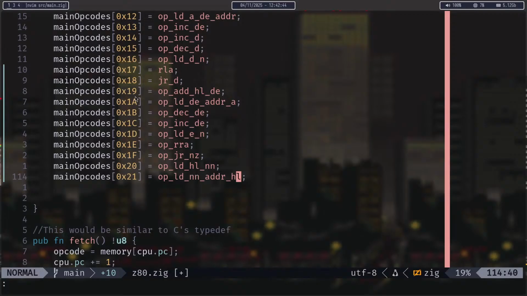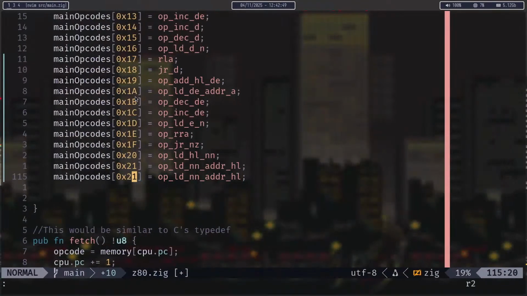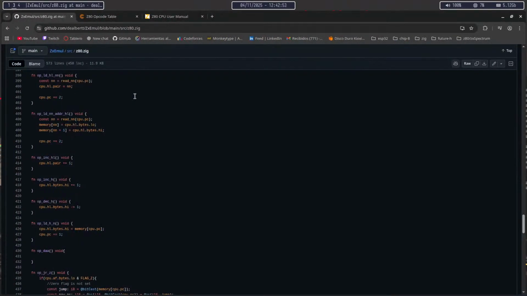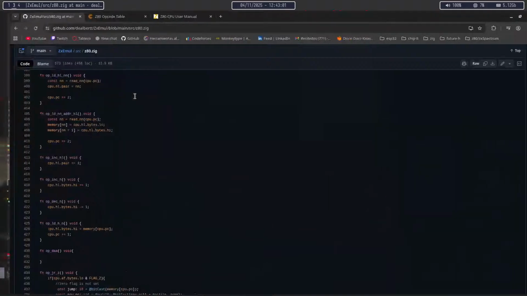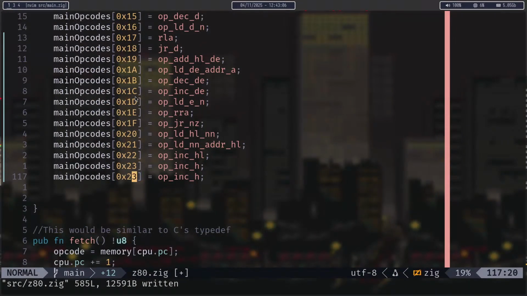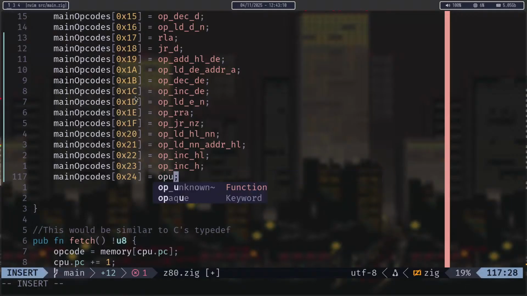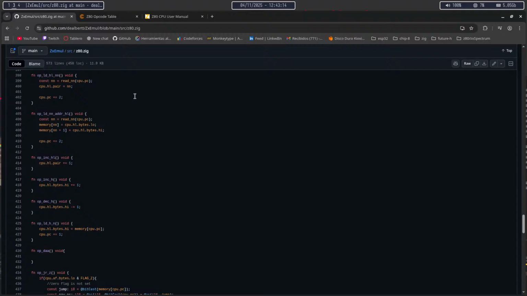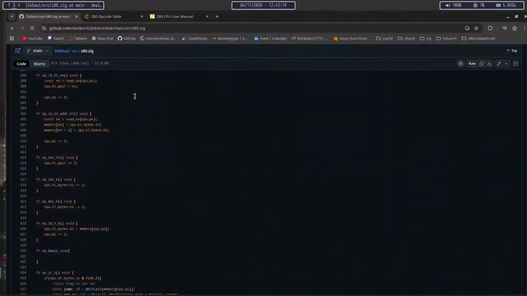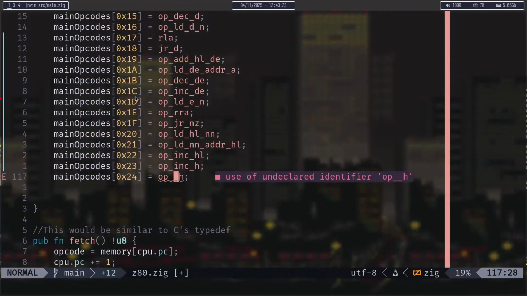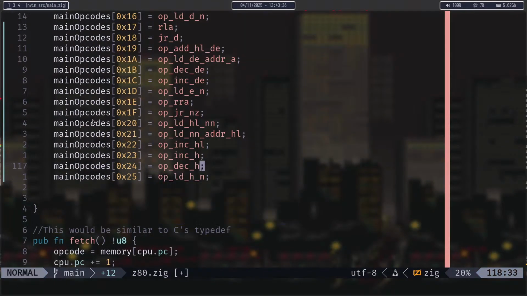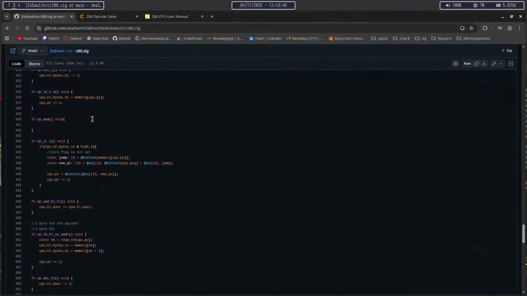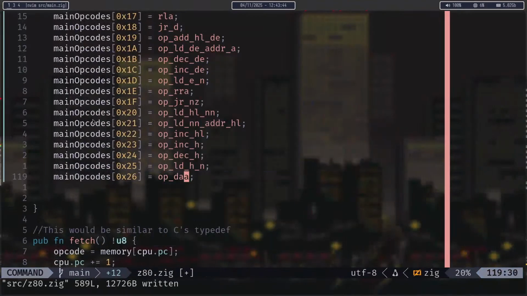Inc HL. Right, but this is address HL, so this is inc HL. LDH N. Okay, that is not done, but definitely needs to be done.